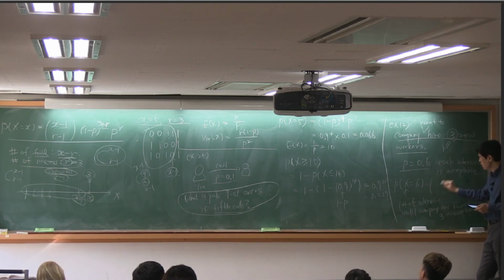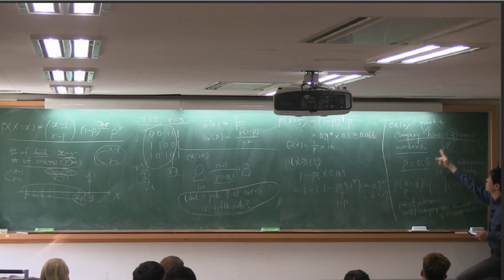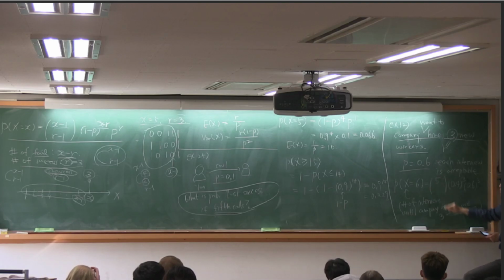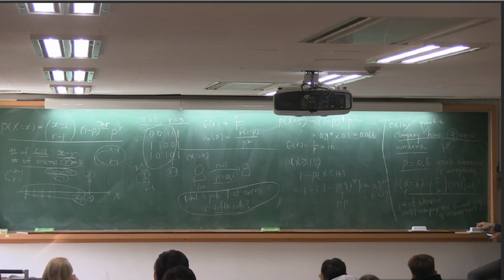So there is a combination, and 1 minus p, the failure, to the x minus 3, where x is 6, and 0.6 for success, 3 times. There is a combination x minus 1 choose 2. In 5 trials, 5 interviews, there should be 2 successes. So calculate it this way.